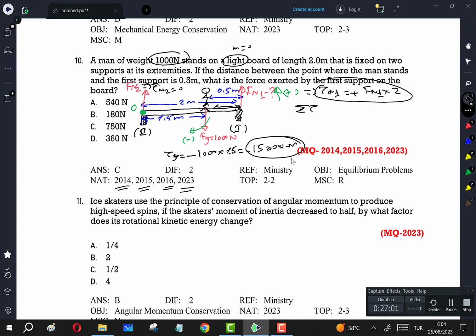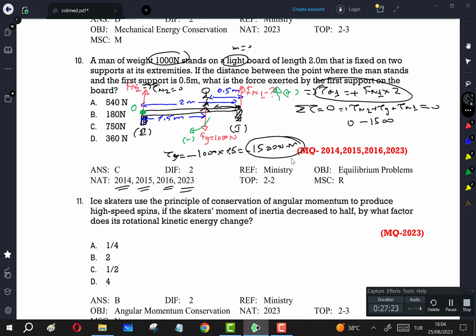Net torque, the sum of the torques acting on the board, must be equal to 0. So we will add them. Torque of N2 plus torque of G plus torque of N1 equals 0. Torque of N2 is 0. Torque of G is negative 1500.